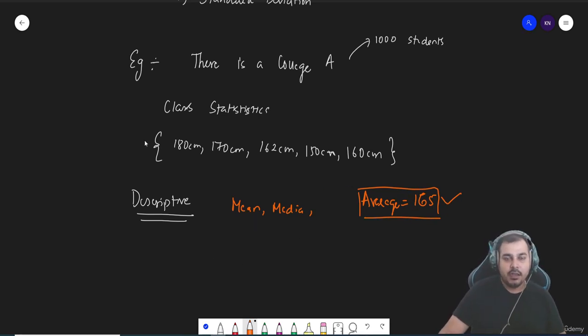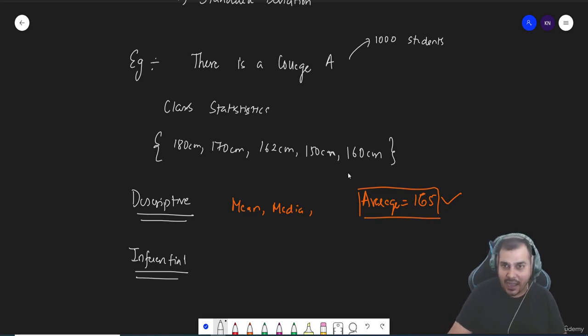In the case of inferential statistics, what we do is, by considering these heights from this sample, can we conclude what may be the height of these 1000 students, or what may be the average height of these 1000 students?